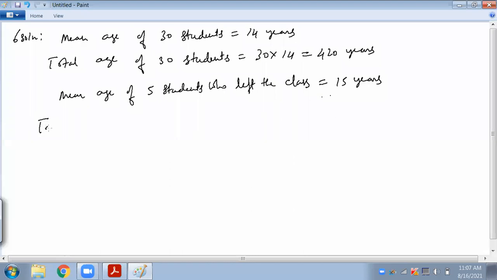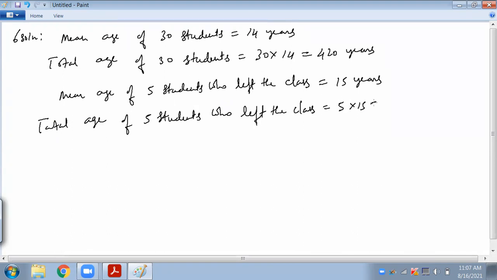So find the total age of the 5 students who left the class, which will be 5 into 15. 5 into 15 is 75 years.